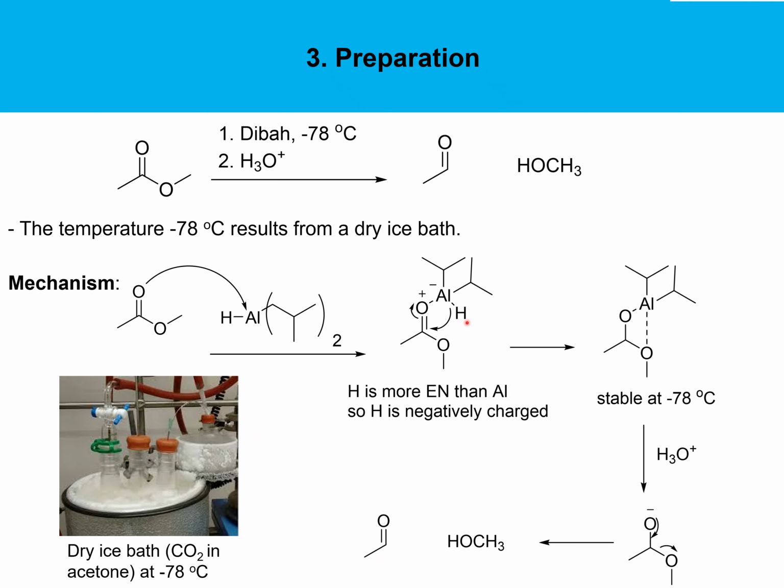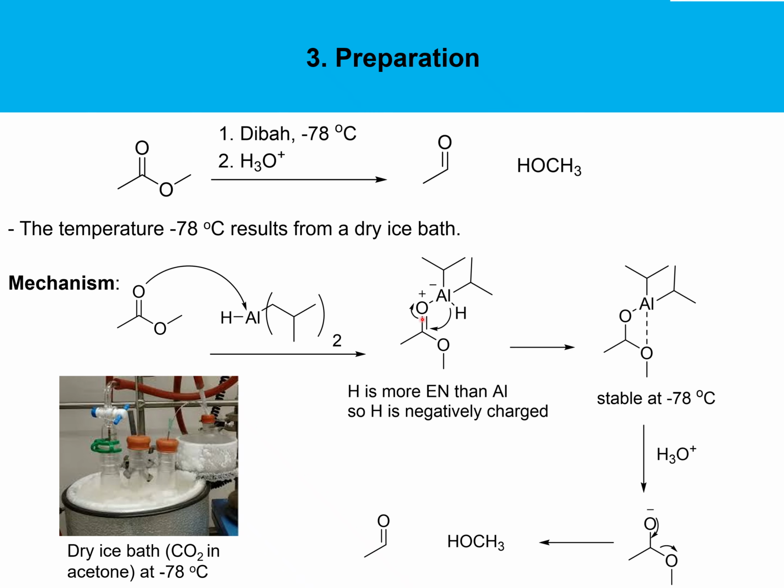That places a partial negative charge on this hydrogen. It allows it to behave like a hydride, and so it's going to attack the carbon of the carbonyl of this ester. So there is now a partial positive charge on this carbon because there's a formal charge on the oxygen, and oxygen is more electronegative than carbon, so we prefer to have the positive charge on the carbon.